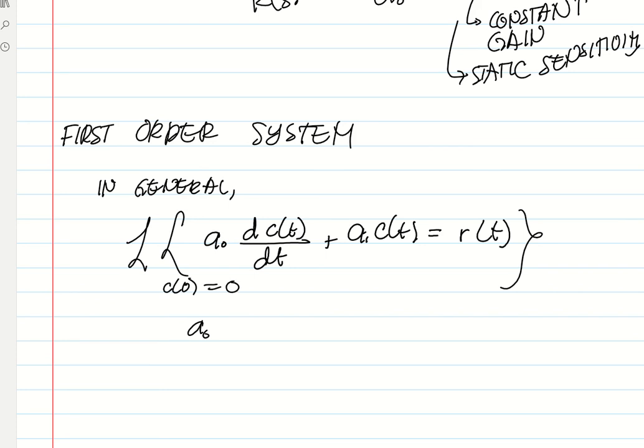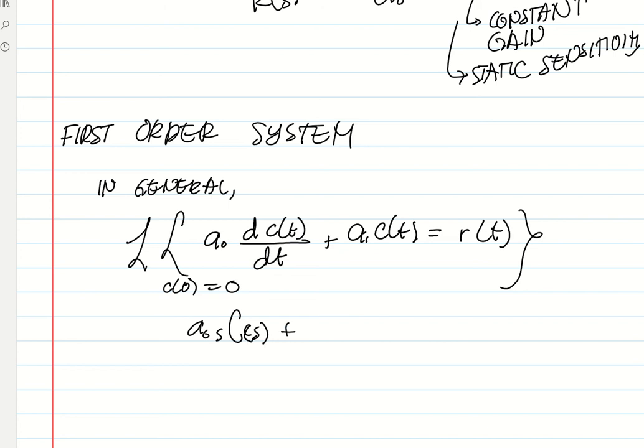This means that we always assume that the initial condition is 0. There's no initial position, if it's position, initial charge, if it's charge, or voltage, or current. So this is just a of 0 times s times C in s domain, plus c of 0, but c of 0 is 0, so we just use this one.